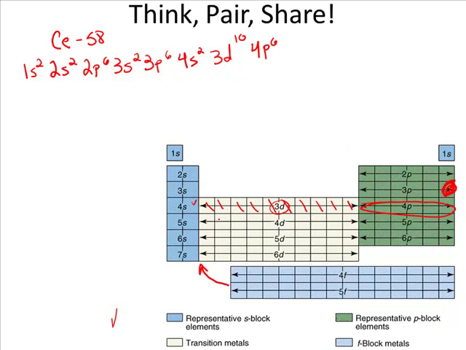4P6. Back to our S's, which would go up to 5S2. Back to our D's with our 10 here. Remember, it's always 1 lower, so we're in 5S. Goes to 4D10. Then we go back to our 5P. 5P6, because P always has 6.